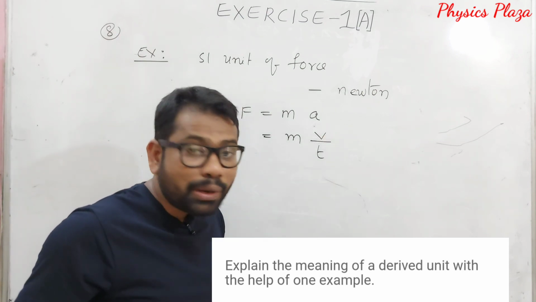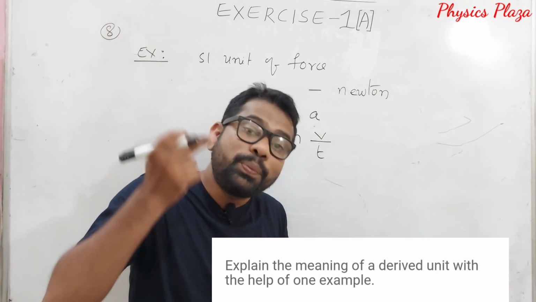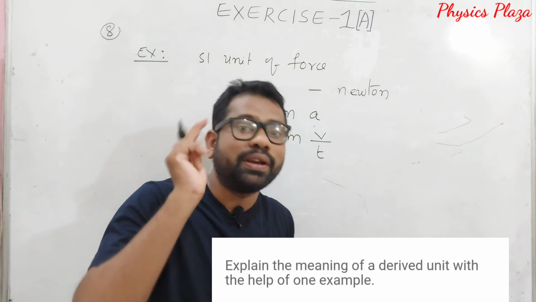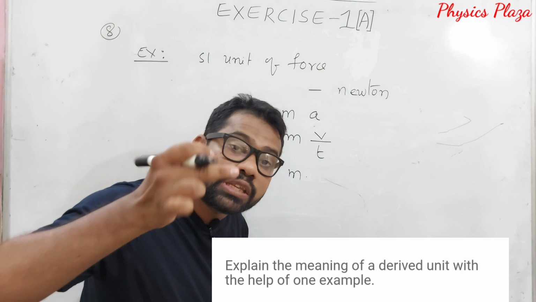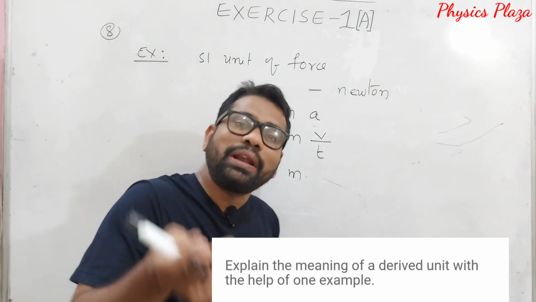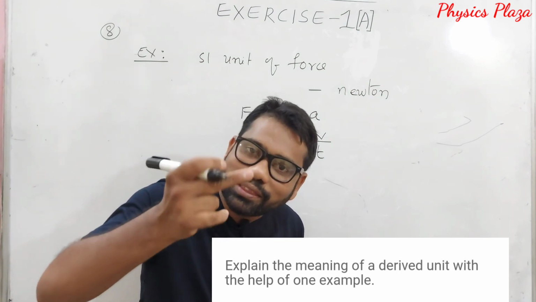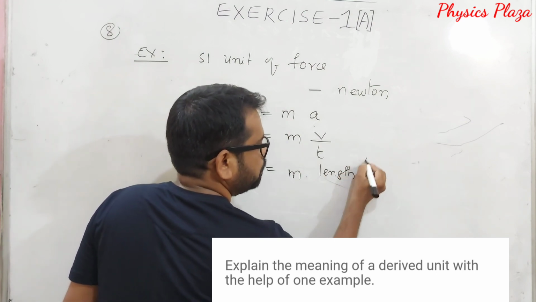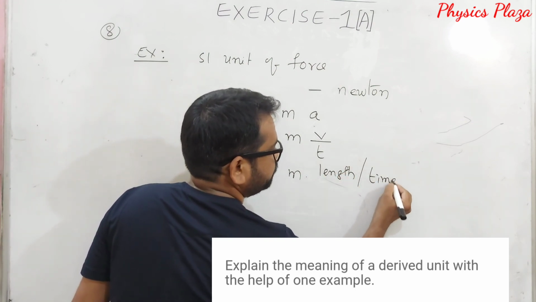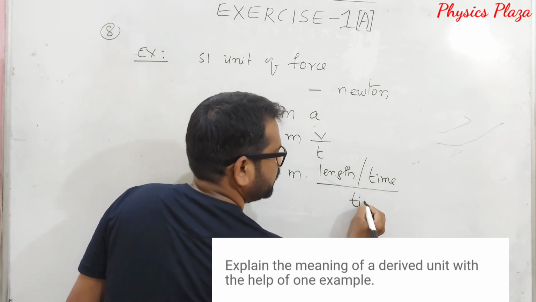But velocity is not a fundamental quantity. Again, it should be written in terms of displacement. Velocity is equal to displacement by time. Displacement is nothing but length only, so we can write directly length by time.